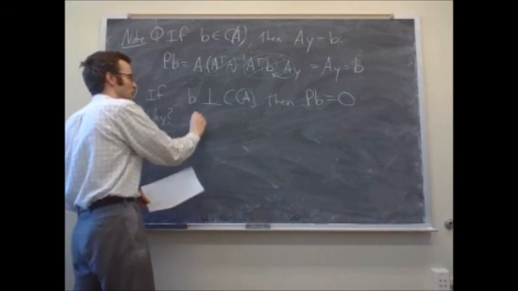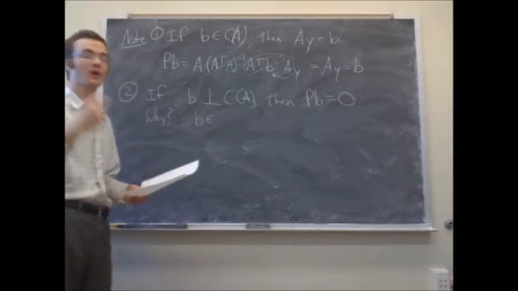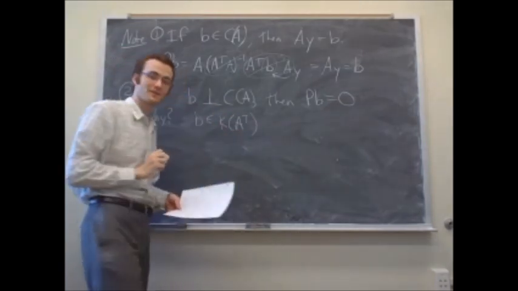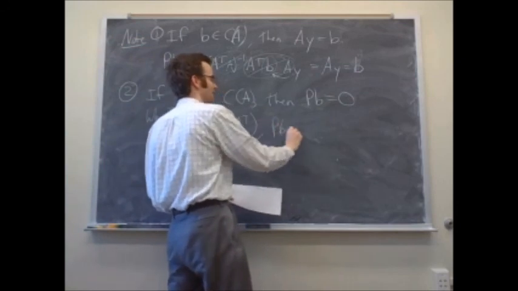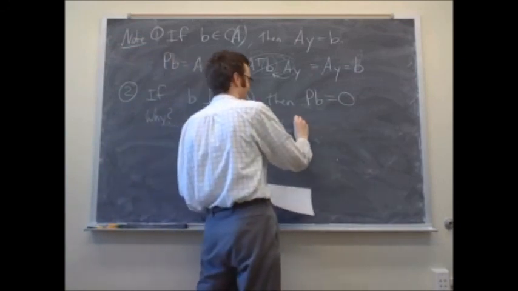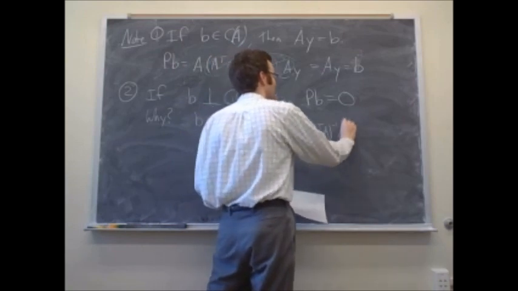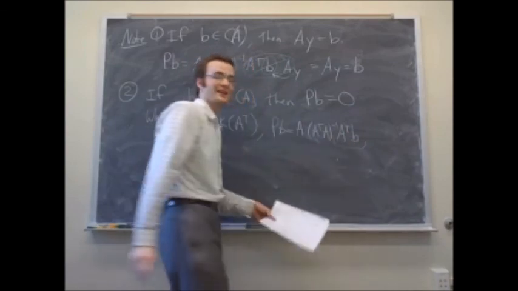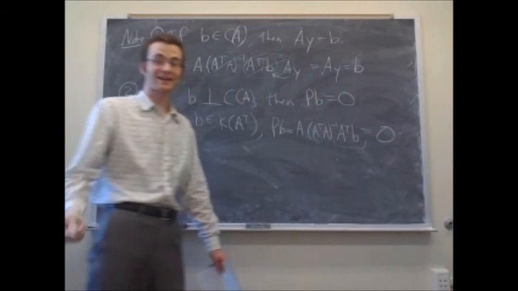Well, if this is true, remember the orthogonal complement to the column space is the kernel of A transpose. So PB is again A transpose A inverse A transpose B. That's the formula. But there's an A transpose B. So since it's in the kernel, it has to be 0.